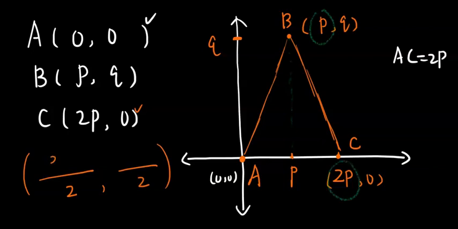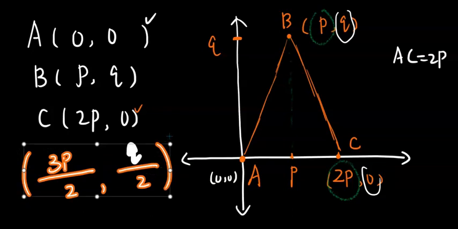That is 3P, over 2. Let's look at the y-coordinate. Q plus 0. That is Q, over 2. Now, we're done with this midpoint. Go ahead and practice the midpoint of segment AB.